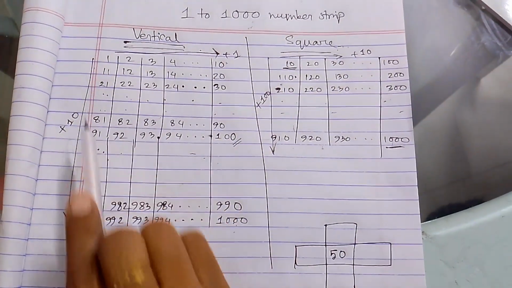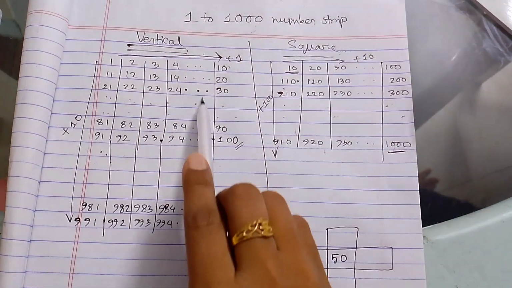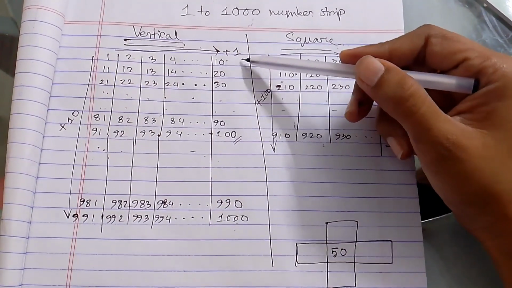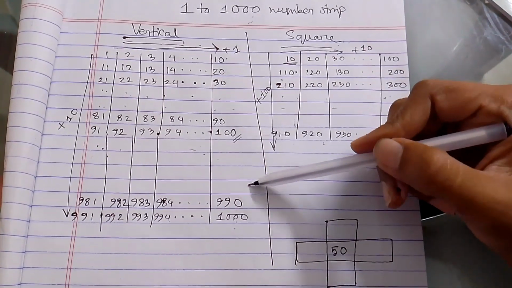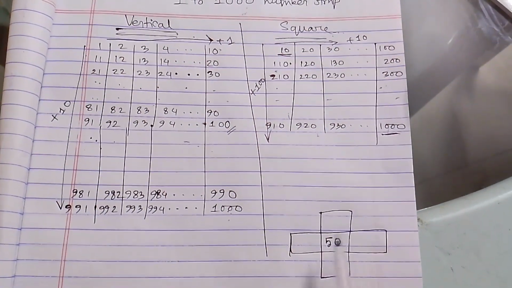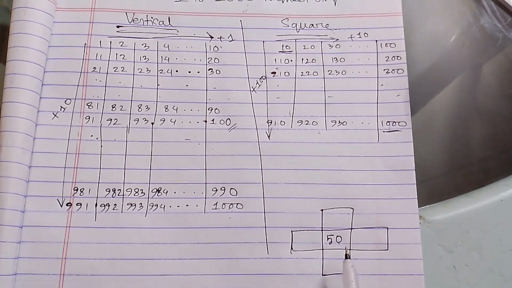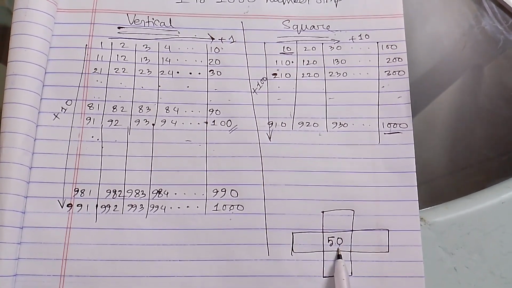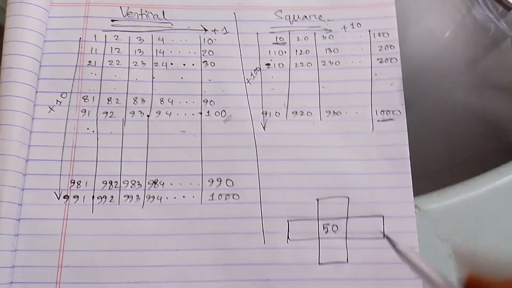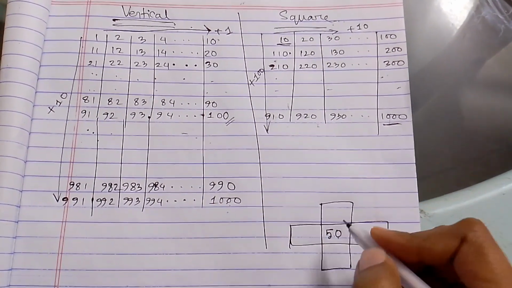There is no 0 seen in the rest of the table. But in this question we have got a 0 in the middle. So it is evident that it is from the square model, and we will apply the formula of the square model.